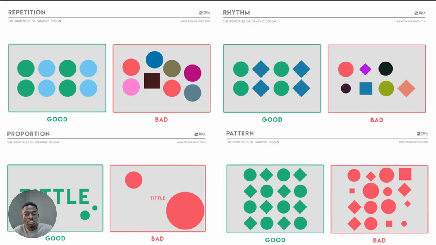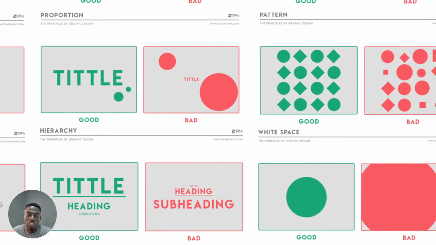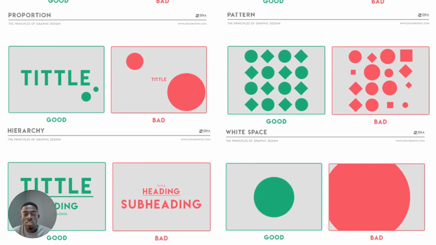All right, so next one we'll look at would be hierarchy. So this is hierarchy. I spoke of proportion. At this point, some of the design elements may seem confusing, may seem the same, but just remember that at the end of the day, I'm going to create a flyer.